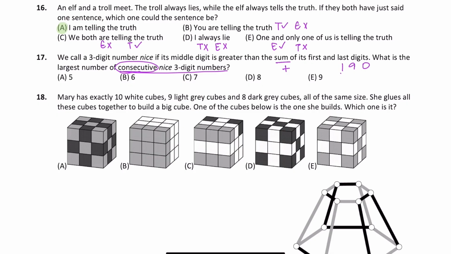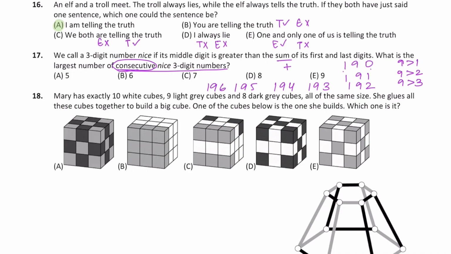Because the sum of 1 plus 0 is 1, and 9 is bigger than 1. 191, 9 is still bigger than 2. 192, 9 is bigger than 3, because 1 plus 2 is 3. 193, still bigger, right? 9 is bigger than 4. 194, 9 is bigger than 5. 195, 9 is bigger than 6. 196, because 9 is bigger than 7. 197, because 9 is bigger than 8. 198, here 1 plus 8 is 9. 9 is equal to 9, so we'll have to stop here.